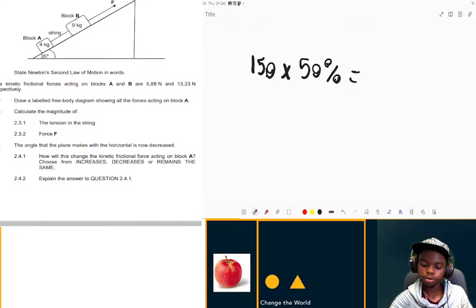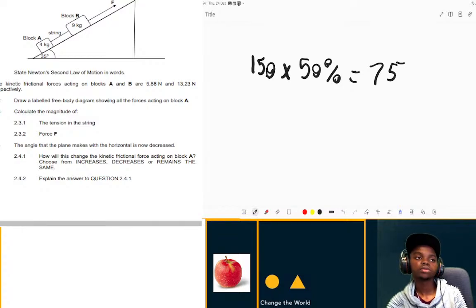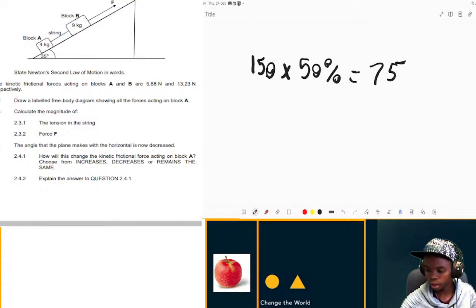That's half of the marks, so that will be your 75. If you've gotten to 45, from 45 to 75, that's about 30 marks.